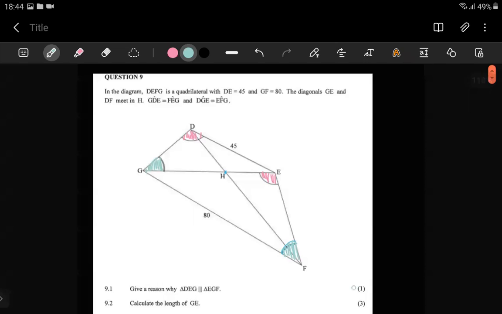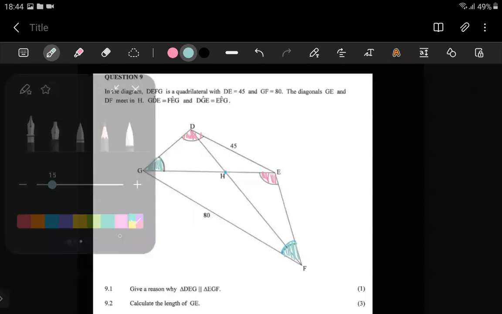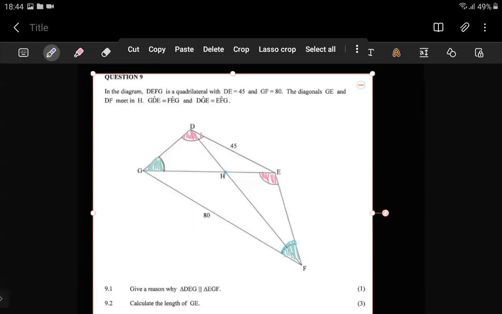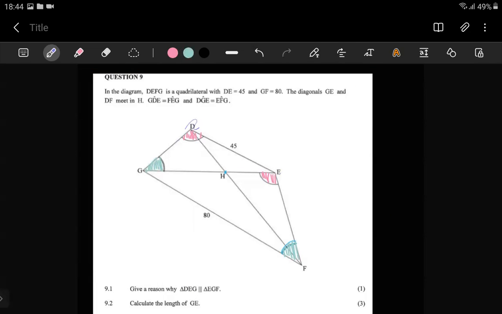The first question is a 1-mark question. They're asking us for a reason why DEG. So let's actually highlight what DEG is. So DEG is like this, and then this, and then this. So this is DEG.